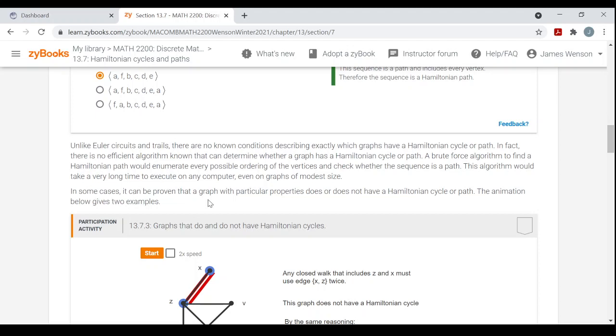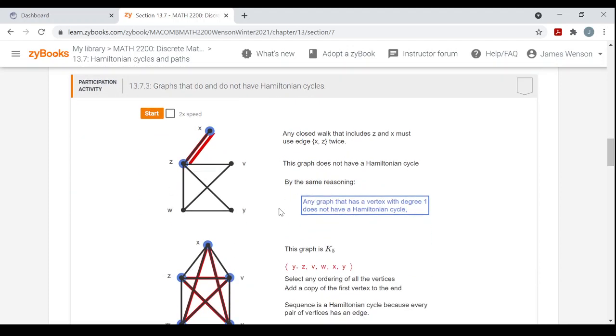It can be proven that a graph with particular properties does or does not have a Hamiltonian cycle or path, but this is only in very specific cases. Not like the Euler circuits and trails. There was an if and only if, of necessary and sufficient conditions to say if a graph has an Euler circuit or an Euler trail. Here they're saying, hey, there's only a few scenarios where you can say a graph will have a Hamiltonian cycle or path or not.